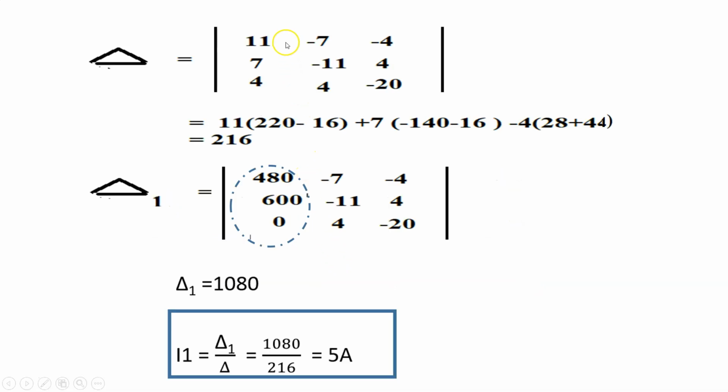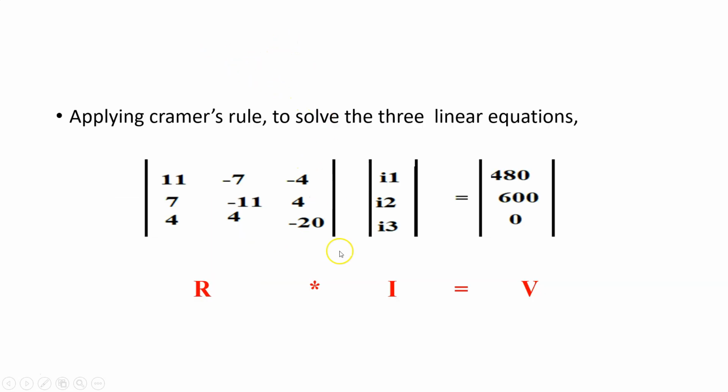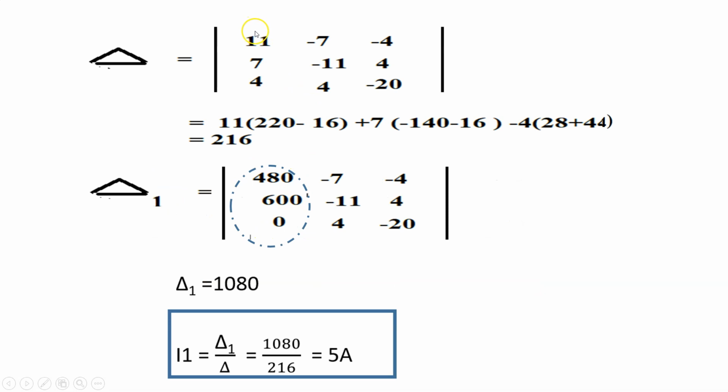First we will obtain the delta value. These values alone I have taken. So 11 into cross multiply. 11 into minus is plus. So we have 220 minus 60. Then plus 7 into 7 into minus 20 minus 16 cross multiply. Next minus 4 into 28 plus 44.